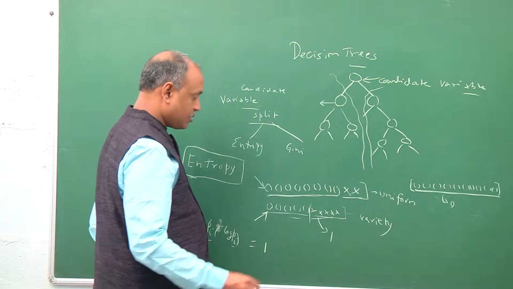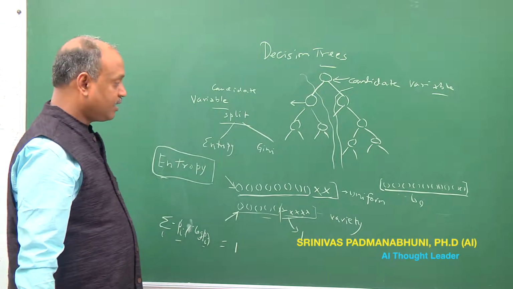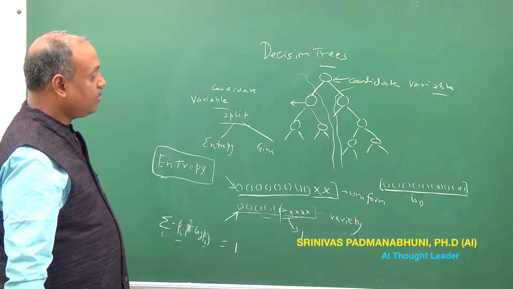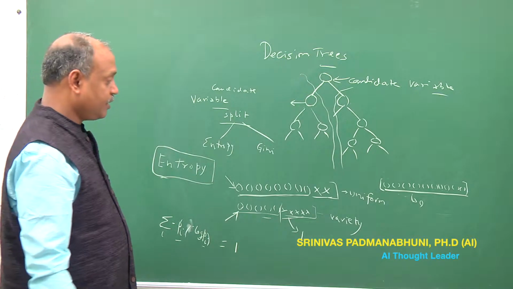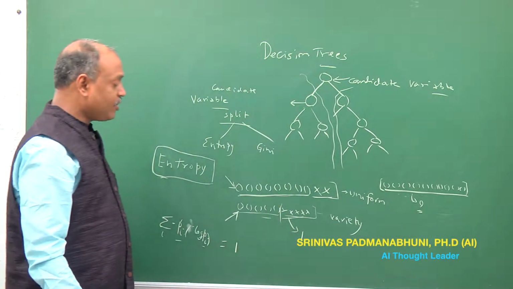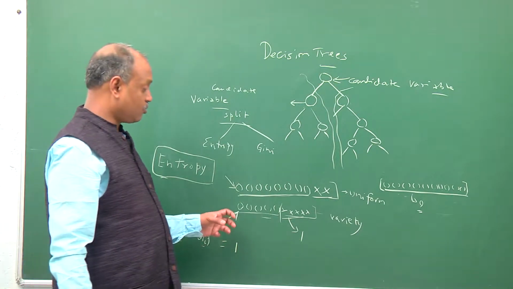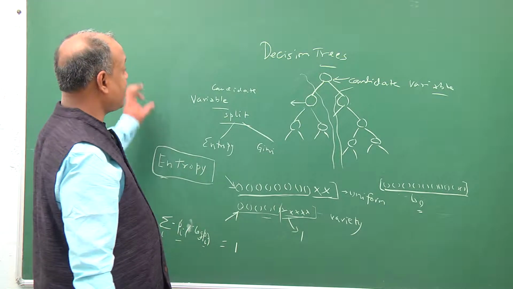Whereas if one of them has 0 and the other has all the constituents, it leads to an entropy of 0. So entropy varies between 0 and 1.